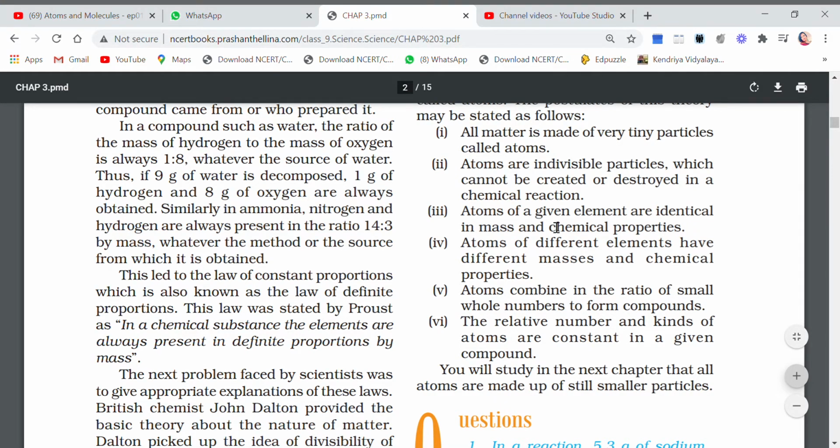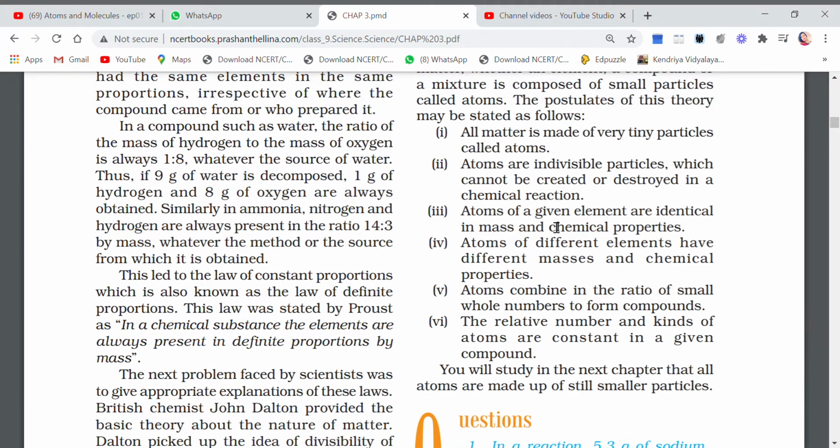Yes. अगर हम हाइड्रोजन का एटम देखें और नाइट्रोजन का एटम देखें तो हाइड्रोजन के एटम का अपना मास है और उसकी अपनी केमिकल प्रॉपर्टीज हैं और नाइट्रोजन के एटम का अपना मास है और अपनी केमिकल प्रॉपर्टीज हैं. हाइड्रोजन का मास कितना है? 1. नाइट्रोजन का मास कितना है? 14. राइट. तो दोनों के मास डिफरेंट है और दोनों की प्रॉपर्टीज भी अलग है. लेकिन अगर हम दो हाइड्रोजन एटम्स को देखें तो दोनों एटम सेम है, इसलिए दोनों का मास भी सेम होगा और दोनों की प्रॉपर्टीज भी सेम होगी.